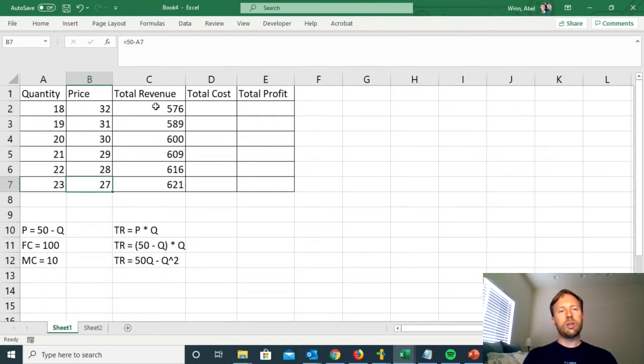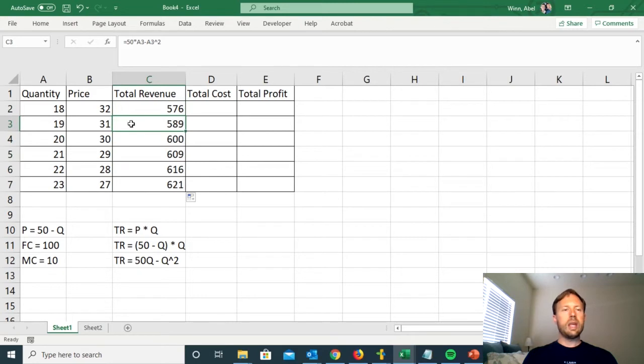the other thing that we could do is take this total revenue formula and turn it into 50 times the quantity minus the quantity squared. And you'll notice when I copy this down, all the numbers are going to stay the same in that column.